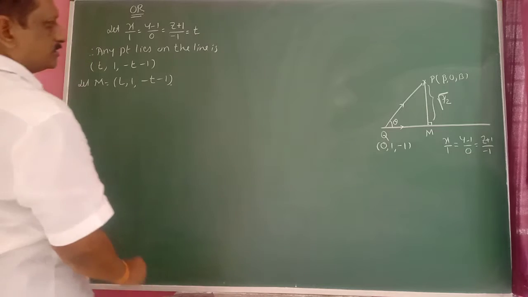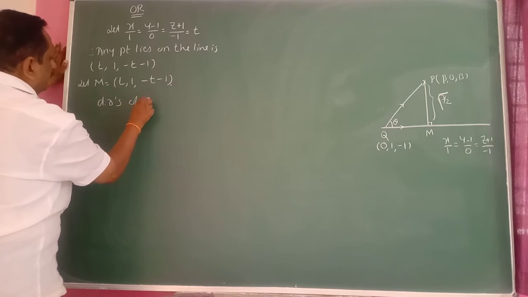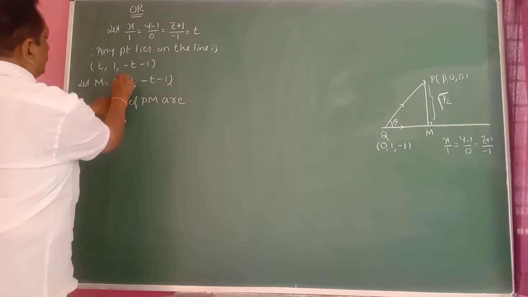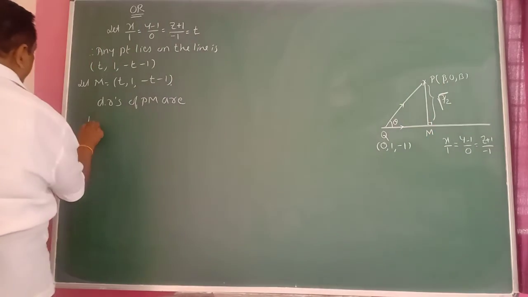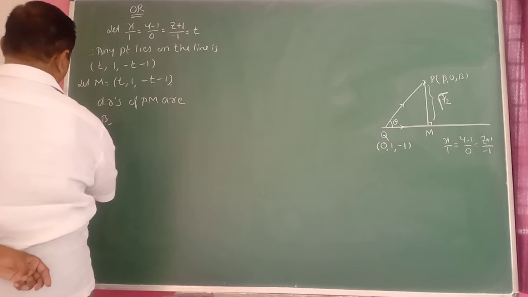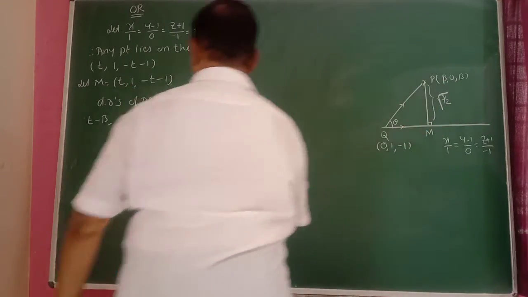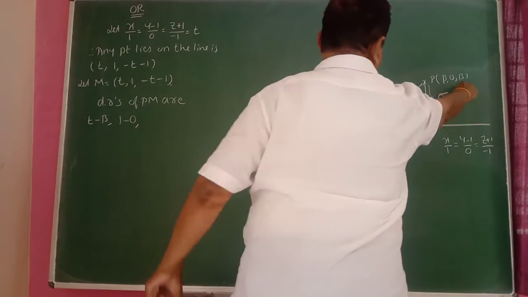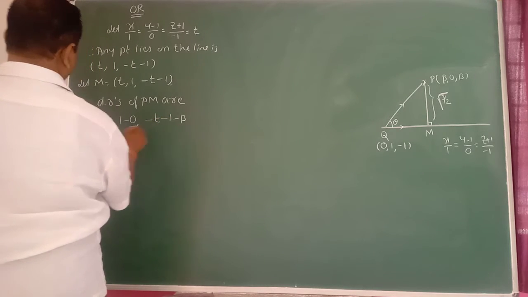Then the direction ratios of PM are t minus beta, then 1 minus 0, then minus t minus 1 minus beta.